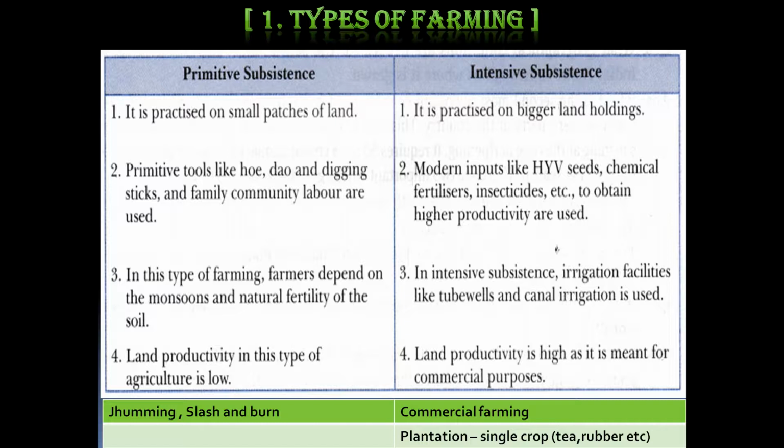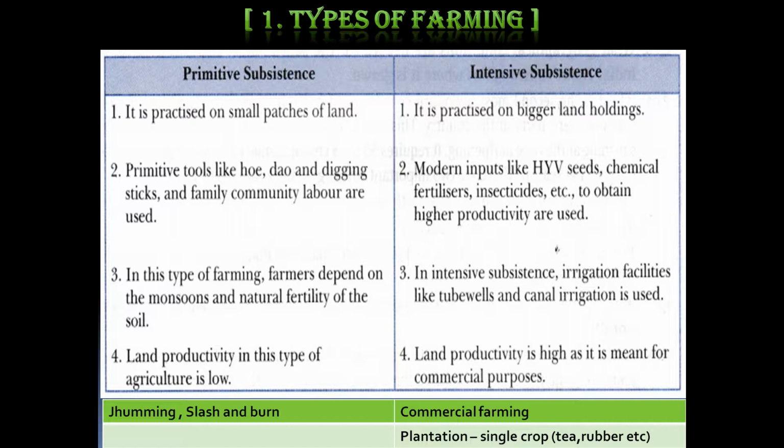Now we'll go towards intensive subsistence farming. It is practiced on bigger land holdings. Very big lands are there, so big that sometimes they have to use aeroplanes to irrigate the crop.